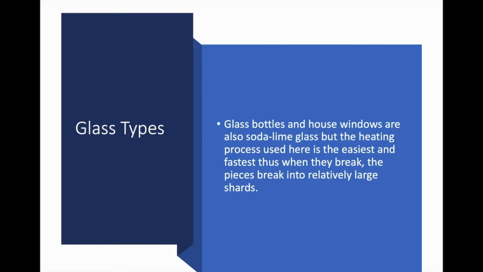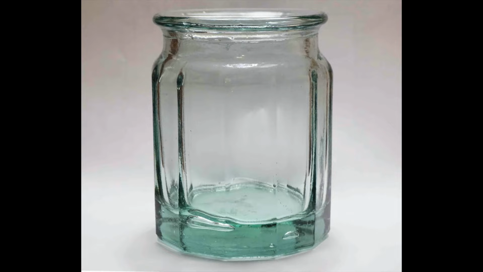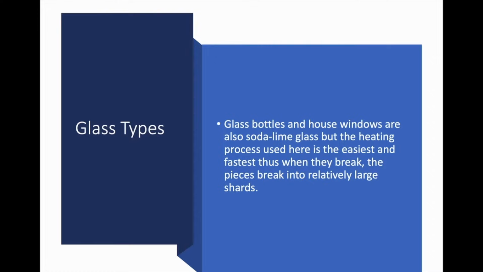Your glass bottles and house windows are also soda lime glass. It's made out of the same composition, but the heating process used here is the easiest and the fastest of all of them discussed so far.